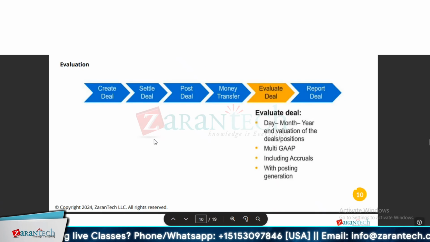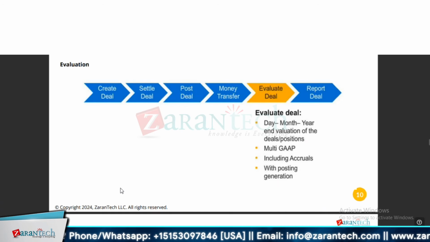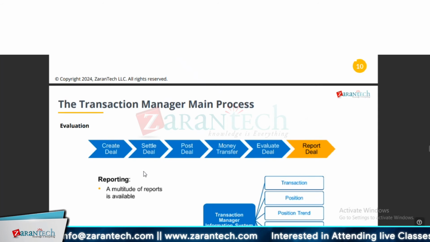Evaluation of deal is nothing but making sure your month end, year end evaluations of the positions are done properly, your GAAP, IFRS, whatever reporting needs are fulfilled, all the accruals and deferrals are taken care of, and the postings are generated properly.